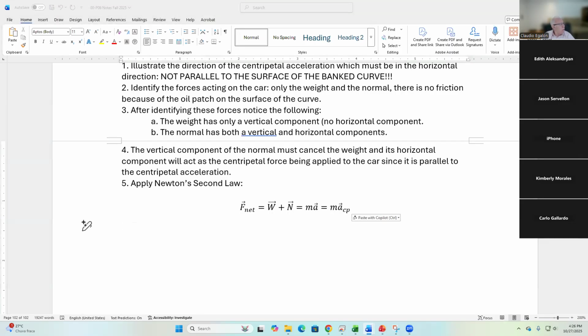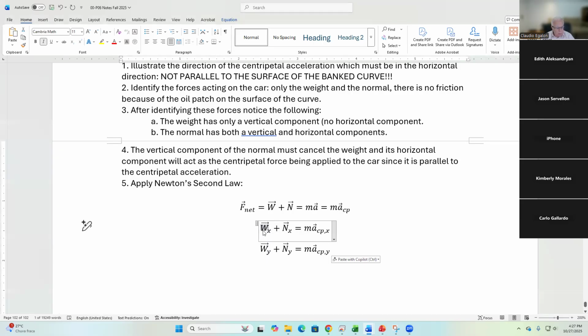We have the horizontal component, and we have the vertical component. I'm going to take away this arrow there to make the notation simpler.